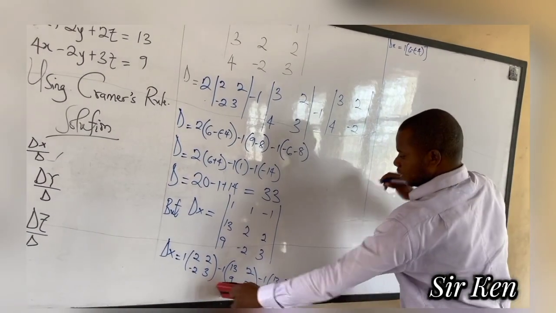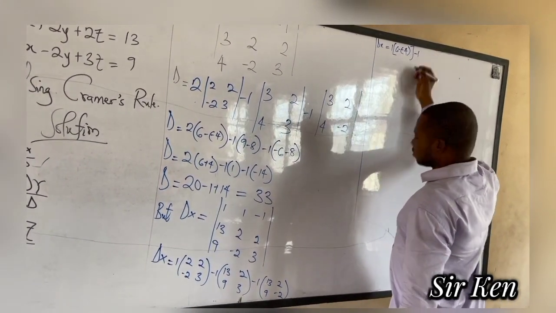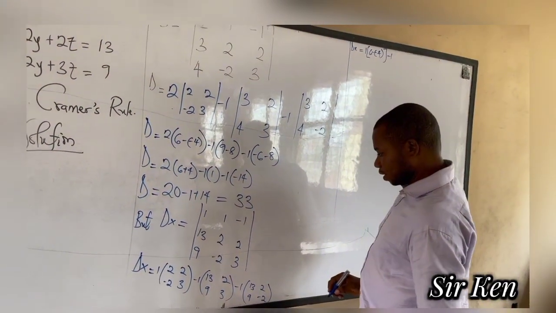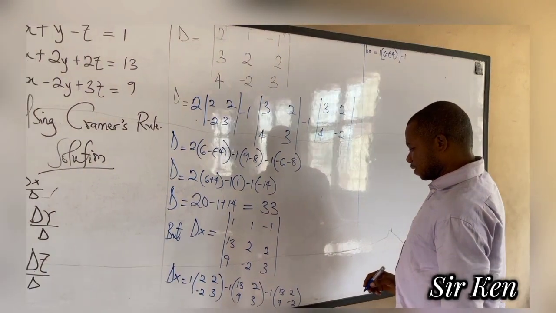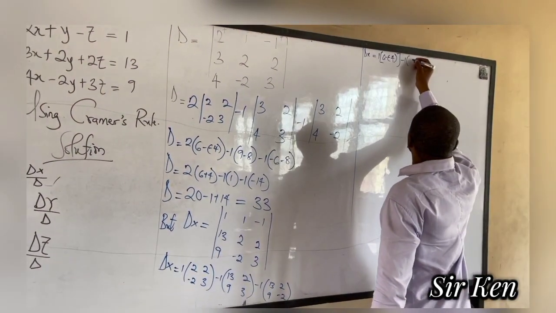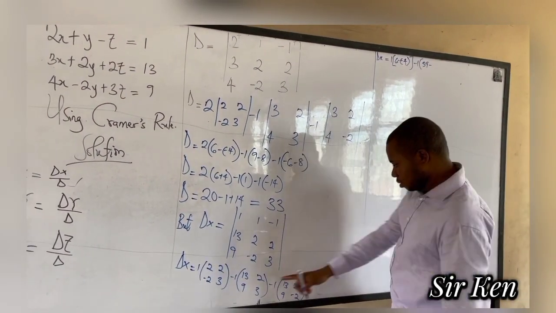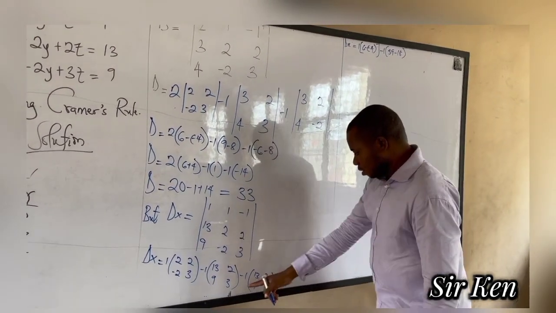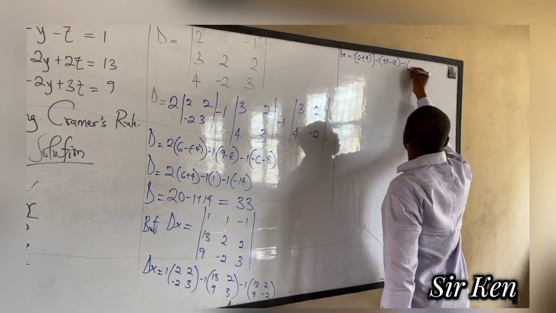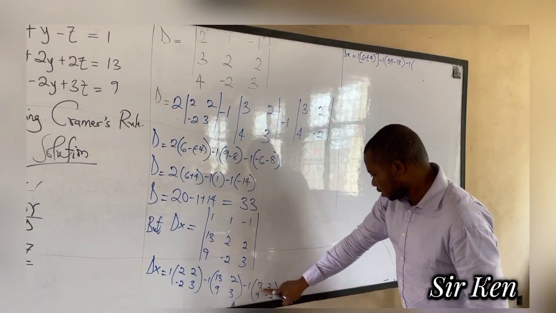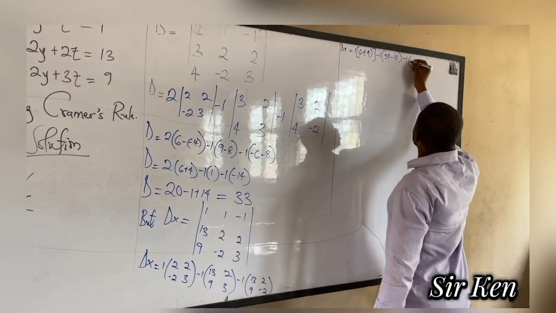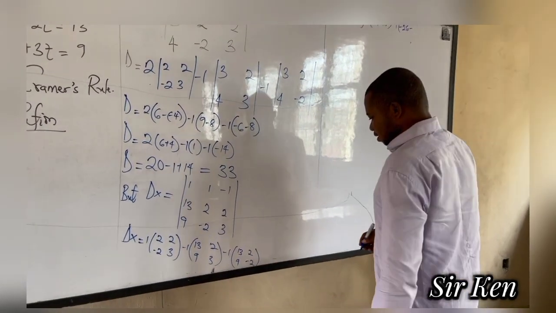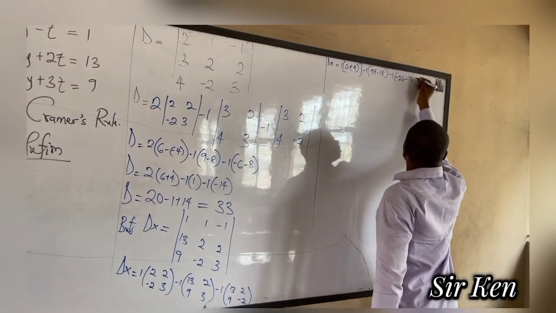Coming down here, I have minus 1 into 13 times 3, which will give me 39, minus 9 times 2, that is 18. Coming down here, I have minus 1 into minus 26, negative 26 minus 9 times this, that is 18, minus 18.